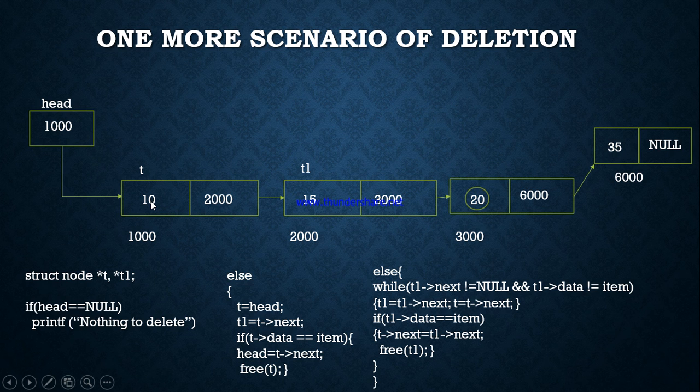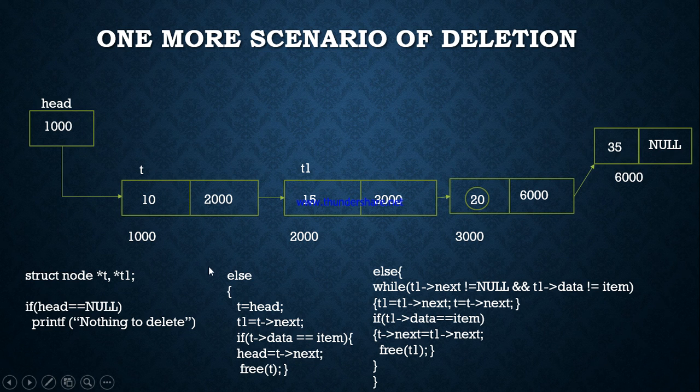So in that case, what will be the logic? Head equal T of next and free T. That means we will delete this node and head will point to the next one. T of next is nothing but 2000, so head equal T of next. That means head contains the value 2000 and the link will be created here.